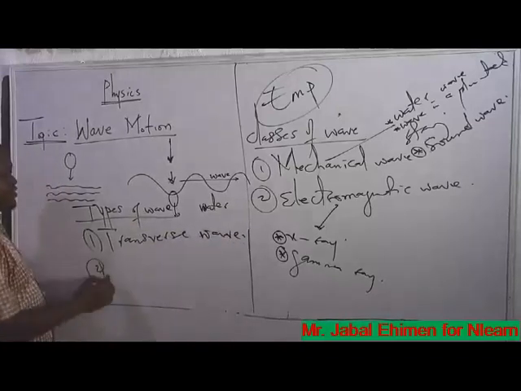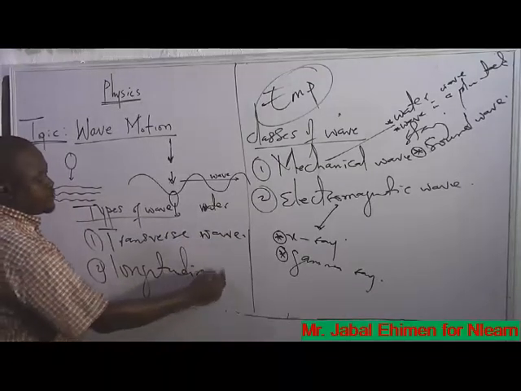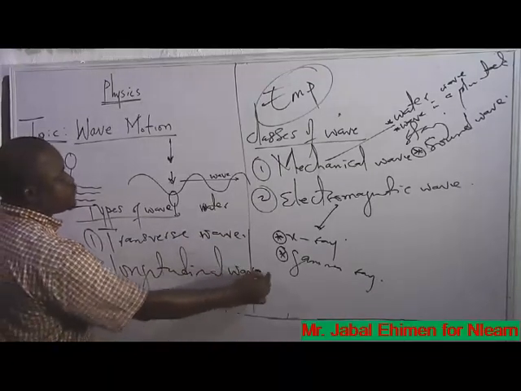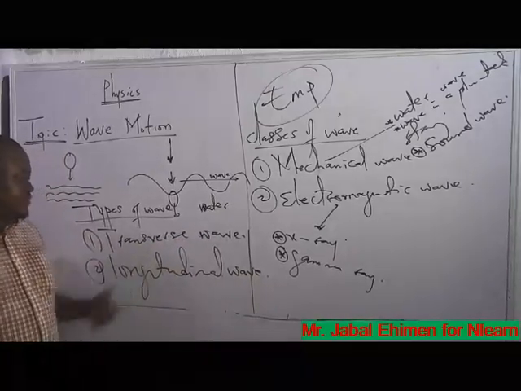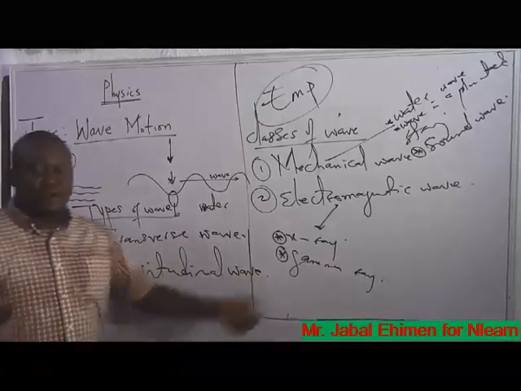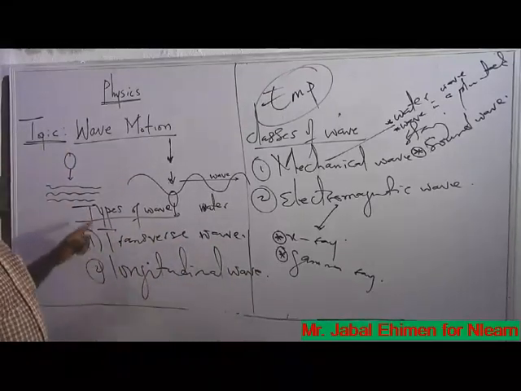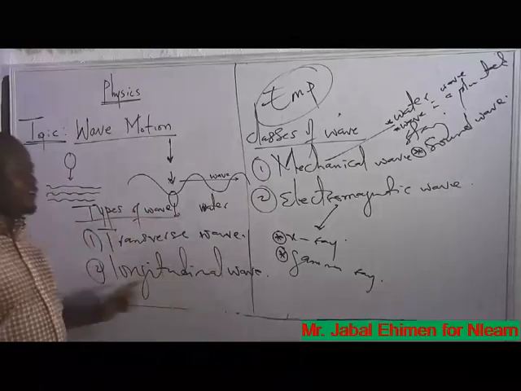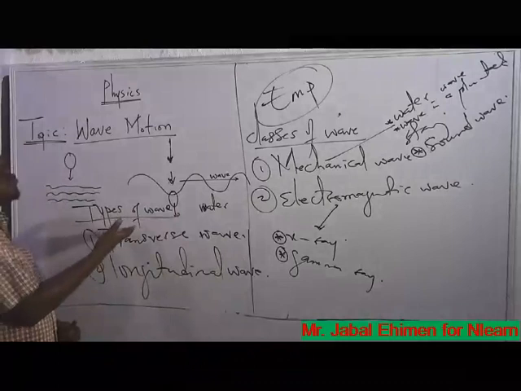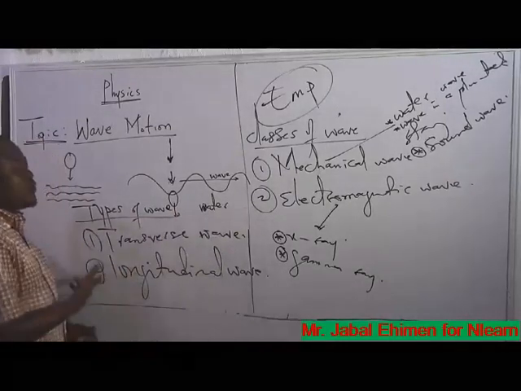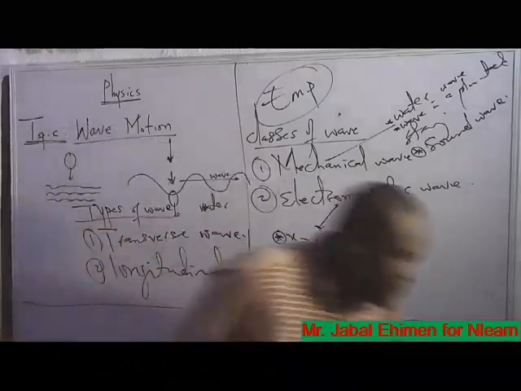The second one is the longitudinal wave. So you have two types of wave: the transverse wave and the longitudinal wave. Now I'm going to differentiate what makes this wave called a transverse wave and why this one is called a longitudinal wave.